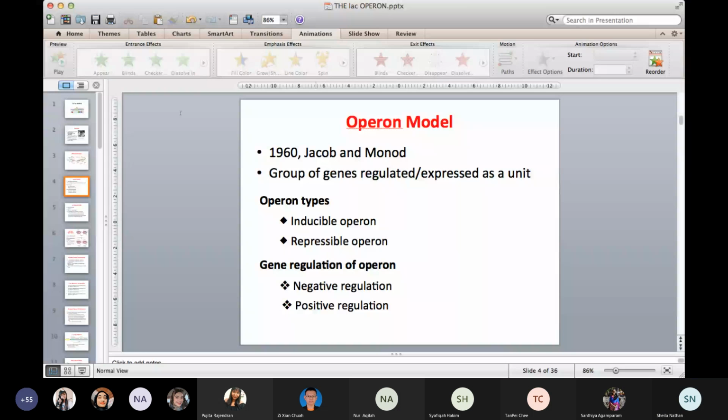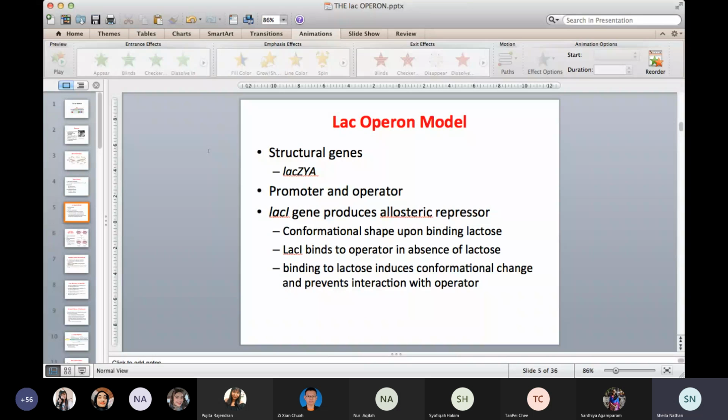I mentioned at the beginning that you're going to be looking at 3 different operons. We're going to start off with the first one, which is the lactose operon. Next Monday, we will be looking at the arabinose operon, and the following lecture will be on the tryptophan operon. For today, let's focus on the lactose operon, or in short, the Lac Operon.